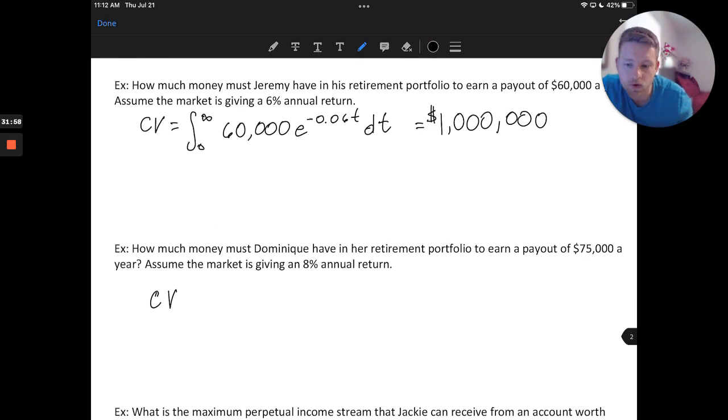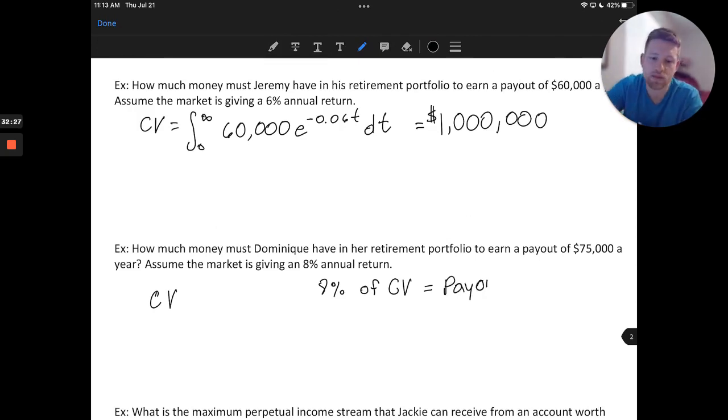So to be able to solve for this capital value, I can actually do just a simple multiplication and division problem. So I really just want to know what is 8% of my capital value. So 8% of my capital value should be equal to my payout. And that works for any problem that we work through in this.